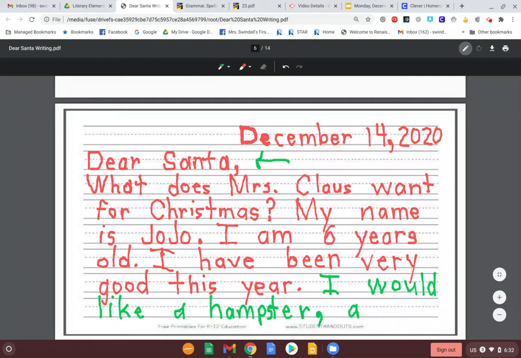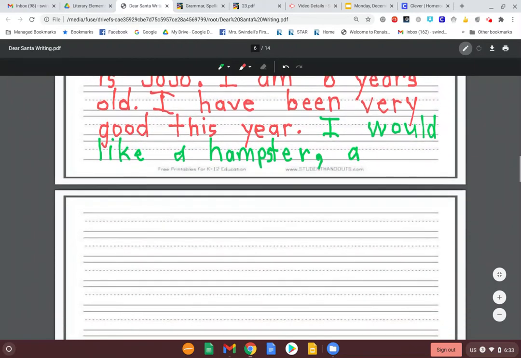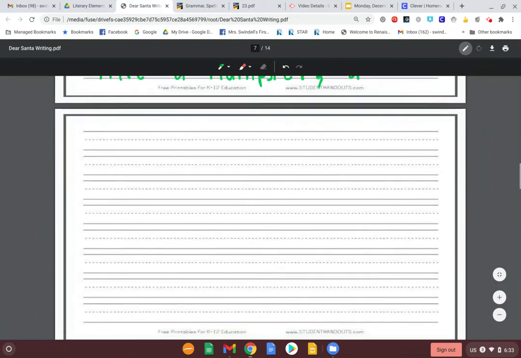My next word is remote, but I don't think I can fit it on this sentence. So I'm going to go to my next page. I would like a hamster, a remote. Magic E makes that O say O. Remote, space, control.